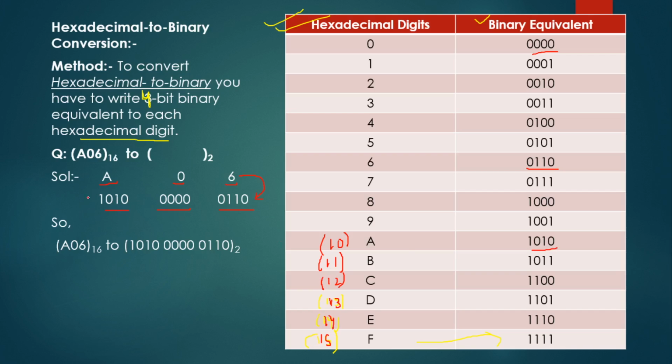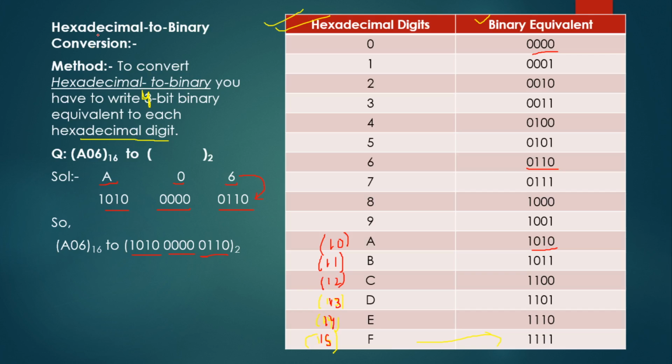And after writing the corresponding binary equivalent of each digit, you have to combine them in the final result. You have to write from left to right, like 1010, 0000, and 0110. So this is the way we can convert a hexadecimal number to binary.